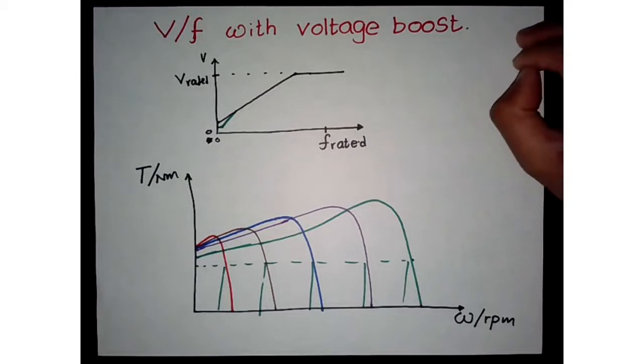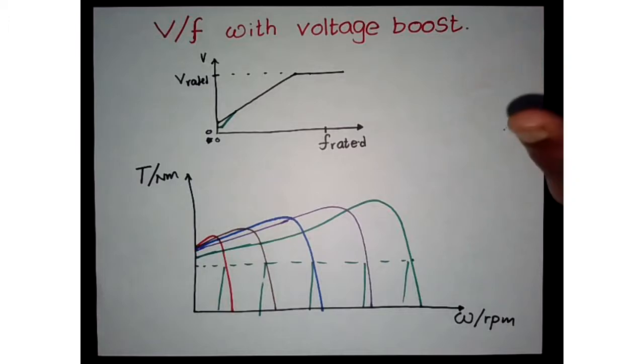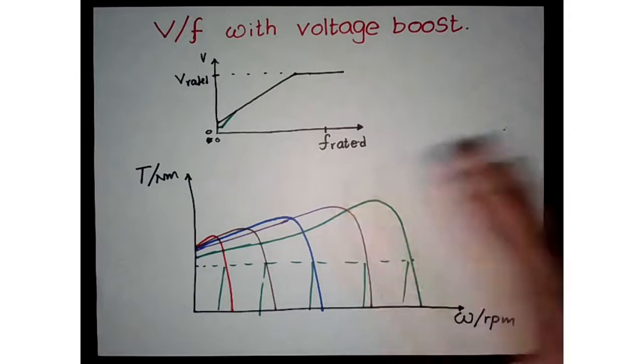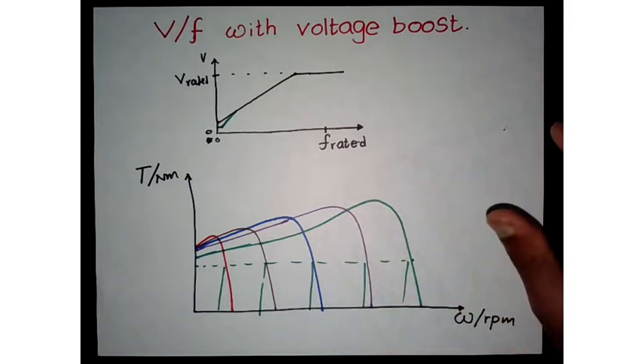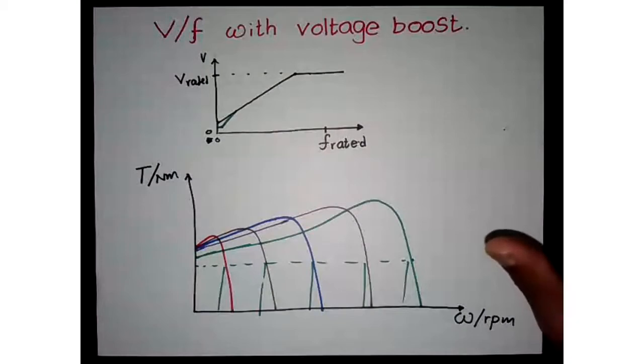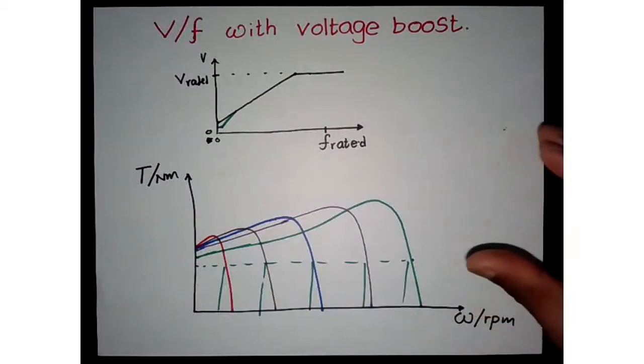I won't go into those details in this video, but the only goal of this video was to give all of you an idea of how these torque speed curves work and how they can be changed to achieve a certain type of control.